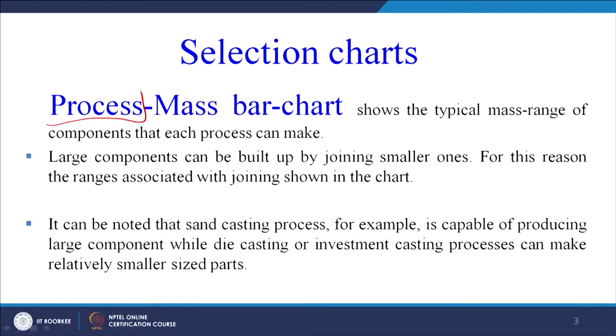The process mass chart, as the name indicates, there will be a process and there will be the mass or the variation in the mass. That process X can be used from this much grams to this much kilogram. Process Y can be used from this many kilograms to this many tons. So this is going to be setting up a relationship between the mass and the process, that for this particular mass this process is advisable.